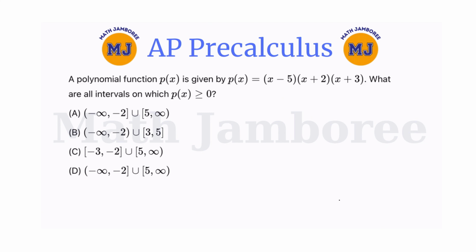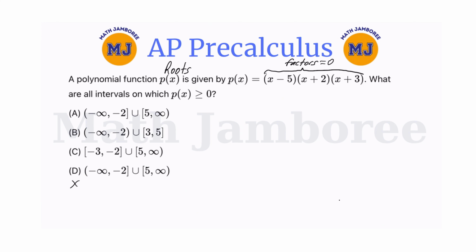To solve this kind of question, you will need to find the roots of the function, and these are given to you as the factors. So how do I find the roots? By making each factor equal to 0.